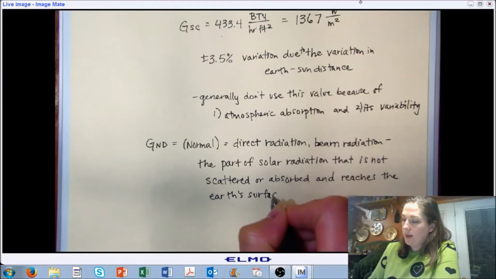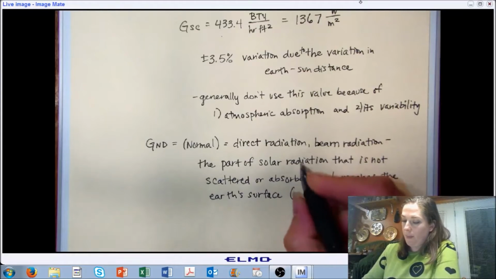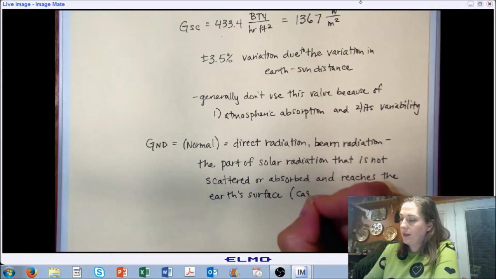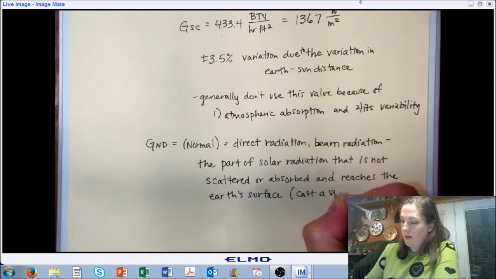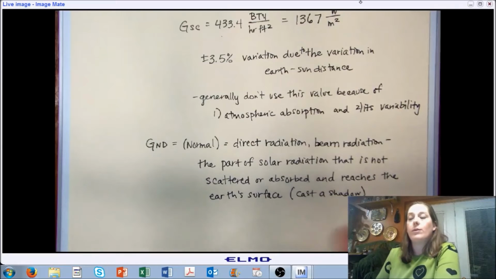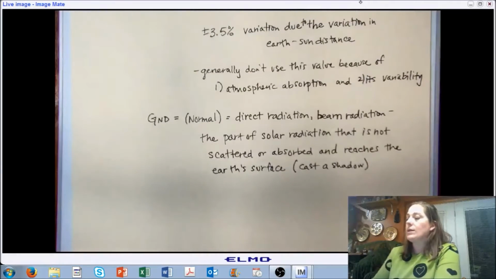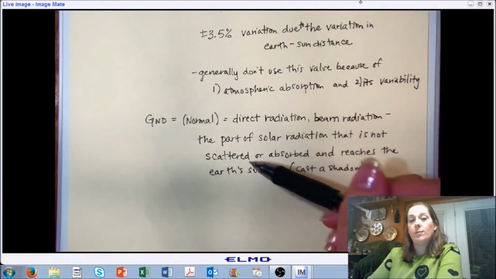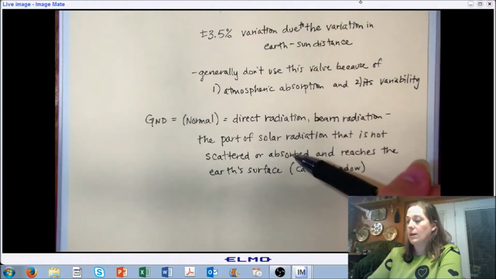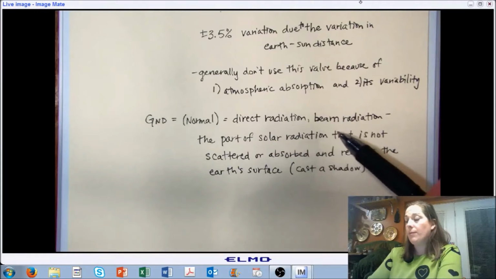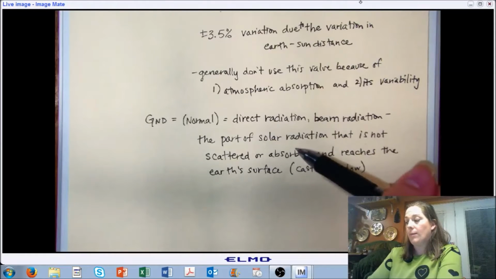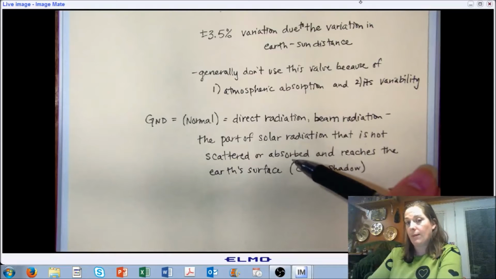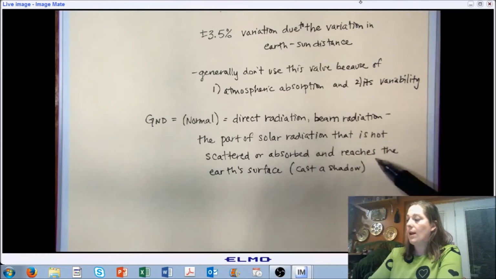If you want to think of it in practical terms, this is the radiation that casts a shadow. Some of the radiation that's coming in gets scattered, but still reaches the Earth's surface. Some of it gets absorbed and may then be re-emitted, or absorbed by the atmosphere and re-emitted, or absorbed by some other surface that's not the surface we're looking at and re-emitted.